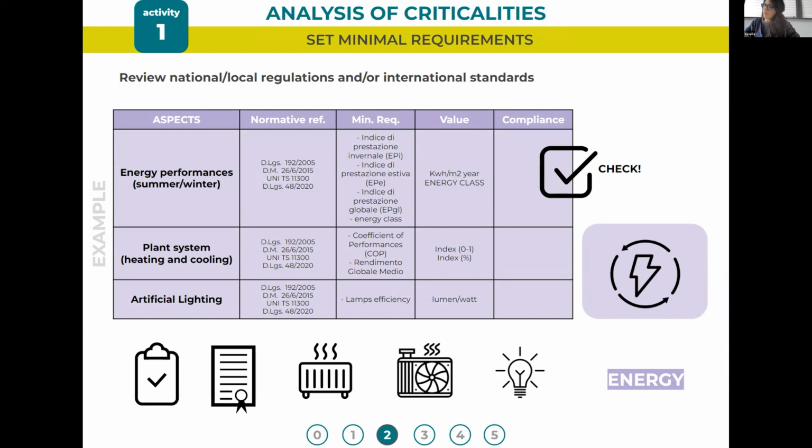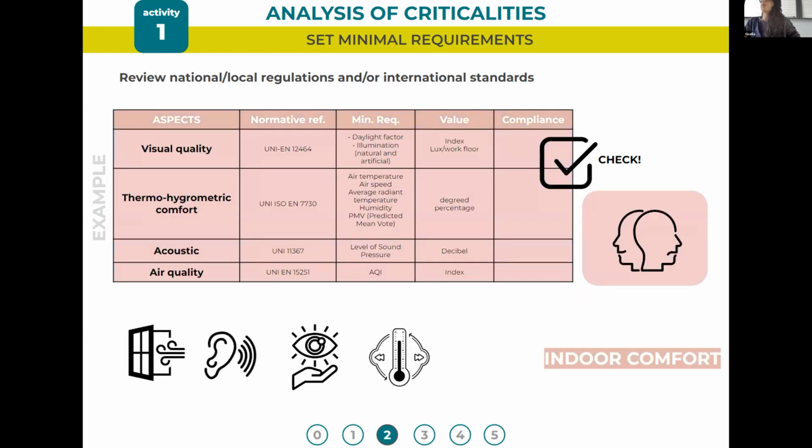And so in this moment we have to define in a structured way all these data referred to the minimal requirements. And we can also do this for the aspect related to comfort.